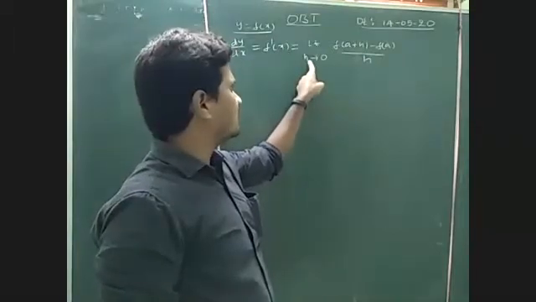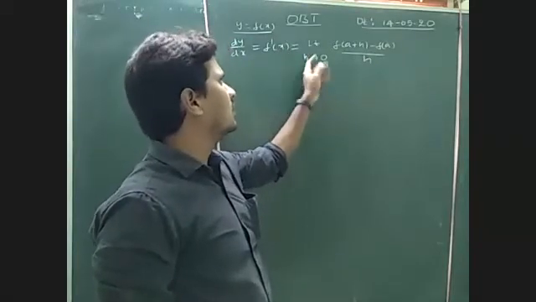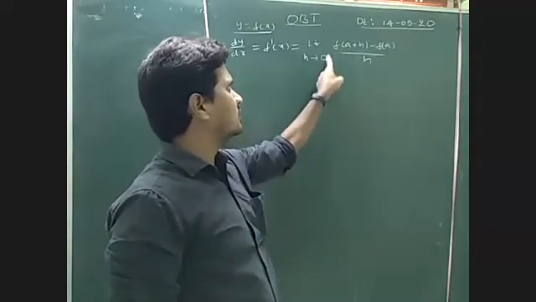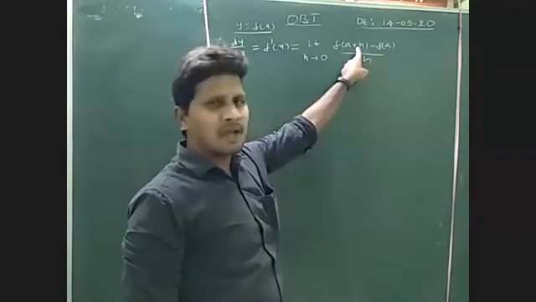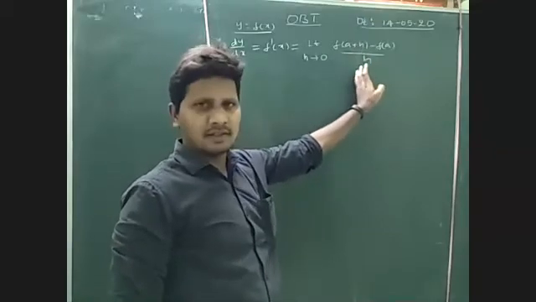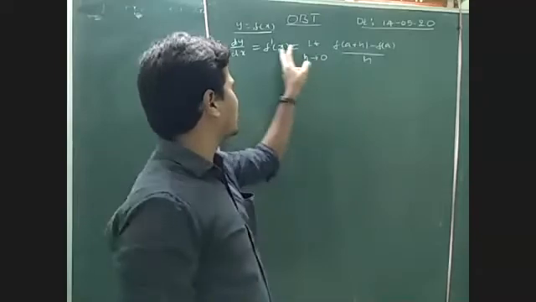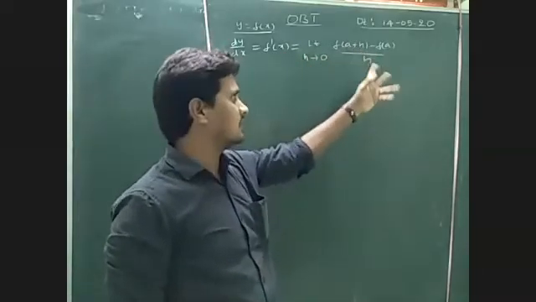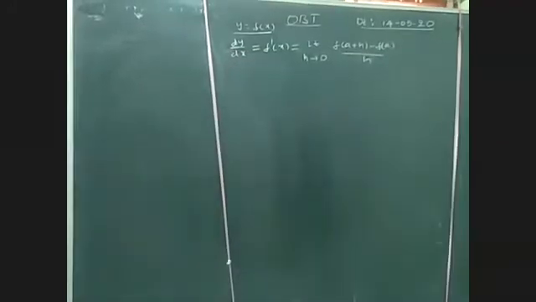So h is a very small value, we can convert it completely in terms of h. Here if it is a left hand limit, 0 minus, we can replace by minus h. Here minus h, 0 plus h, plus h, like this. Simply we can write like this: f dash of x is equal to limit h tends to 0, f of a plus h minus f of a by h.